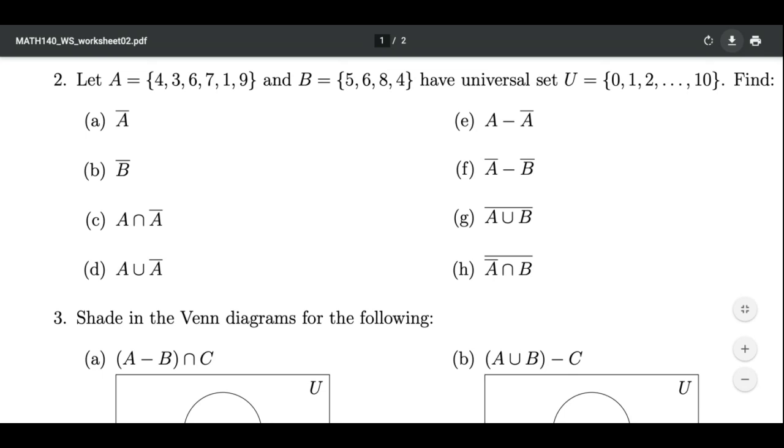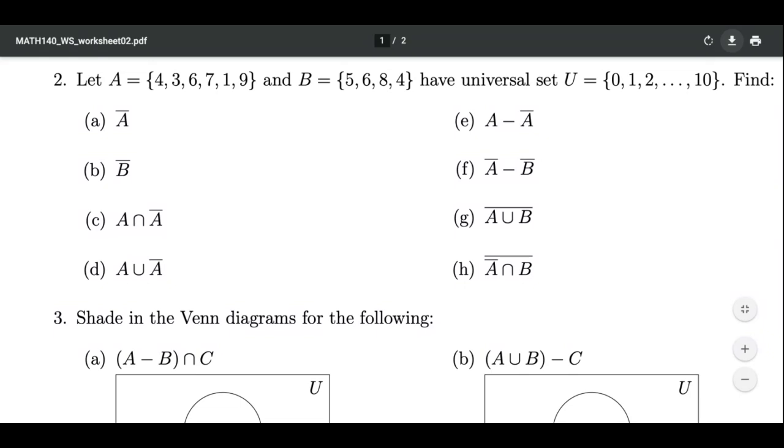So A union B complement. Well, what's A union B? A union B, we have 3, 4, 5, 6, 7, 9, and 1. And its complement means it's in U but not in A or B, which is 0, 2, and 10. Yes, I agree with your answer.